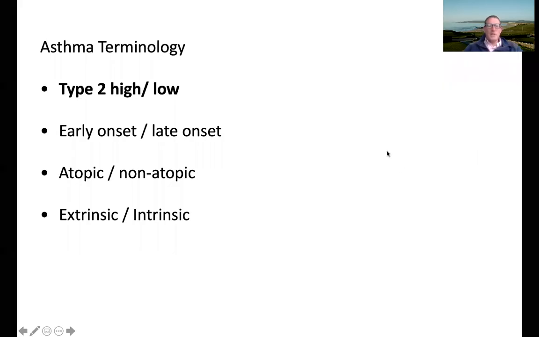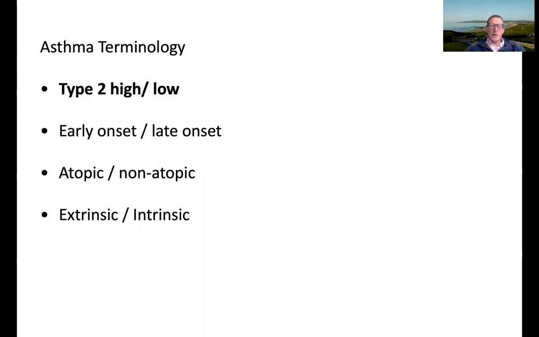If we start off with asthma and we look at asthma terminology, this can be broadly divided into type 2 high and type 2 low. And here we're talking about Th2 inflammation. That's one way of describing it, which is the modern way. There are other alternative classifications which we don't tend to use so much nowadays, which is early onset or late onset.